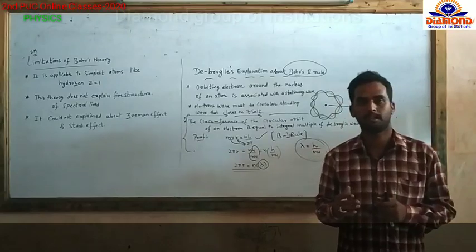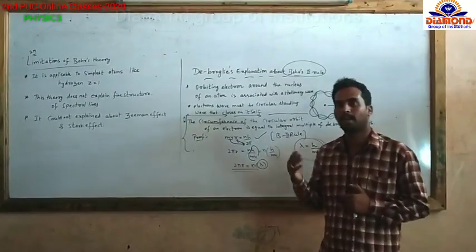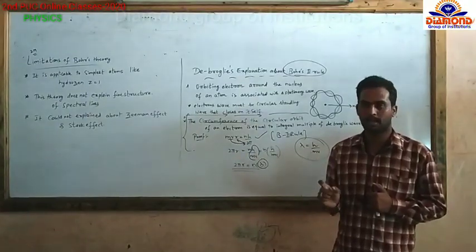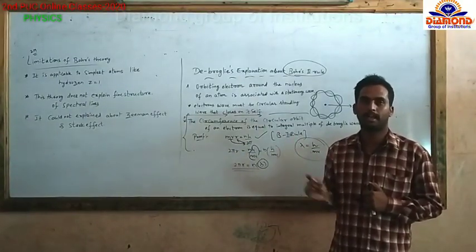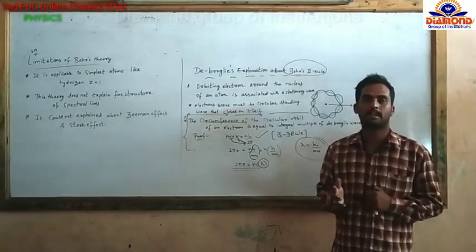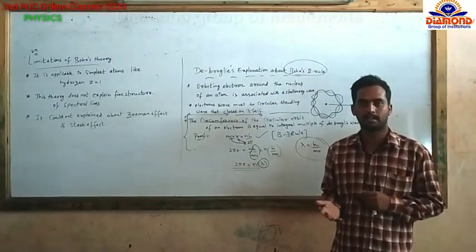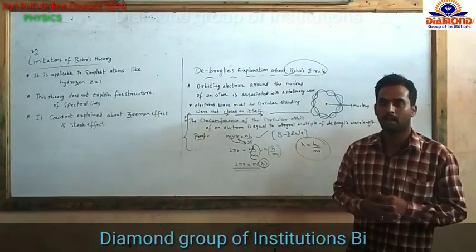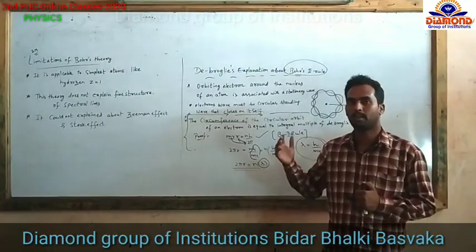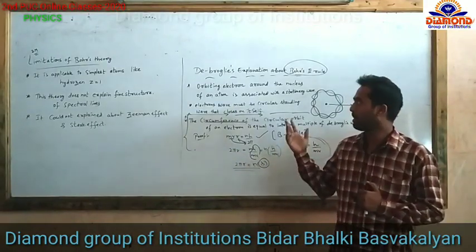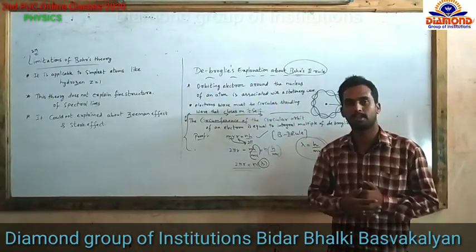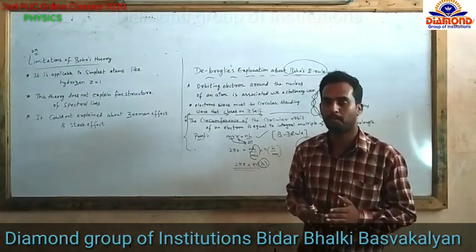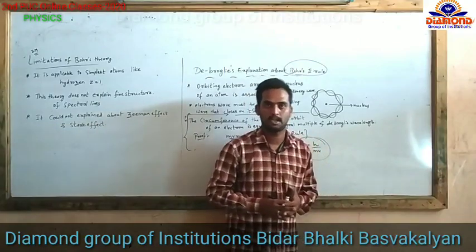Then, based on the spectral series, that means how the electron makes a transition from a higher to a lower orbit, we studied the energy level diagrams of different spectral series: Lyman series, Balmer series, Paschen series, Brackett series, Pfund series. Finally, we came to the last topic, de Broglie's explanation of Bohr's second postulate. So these are the main topics covered in the atoms chapter.